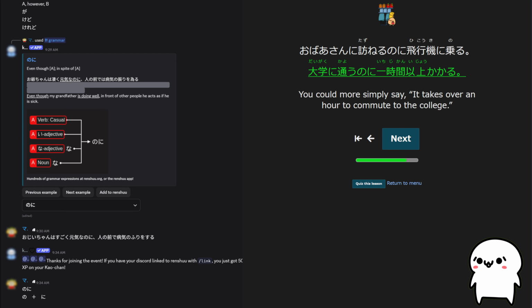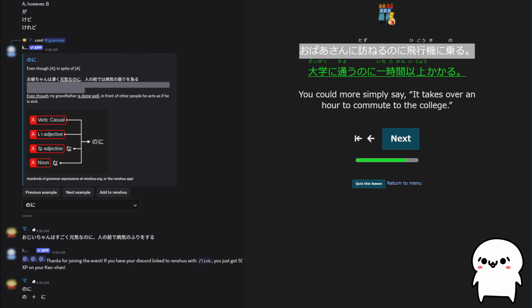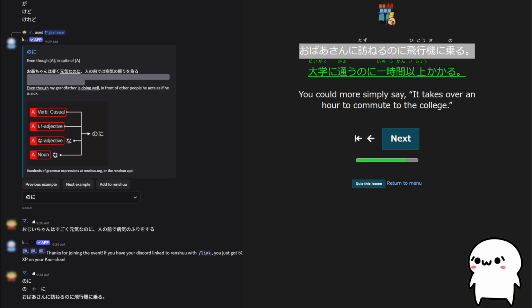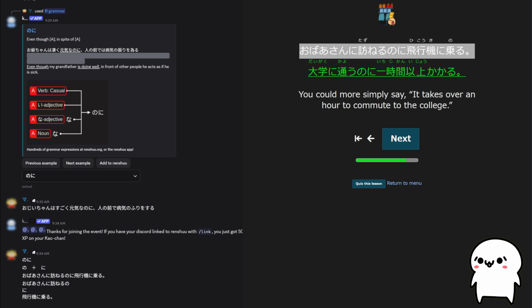So let me take the first sentence and drop it in there. There we go. I broke it up, separating the no and the ni. So remember, what does the no do when you put it behind a verb? Anyone in the Discord remember?